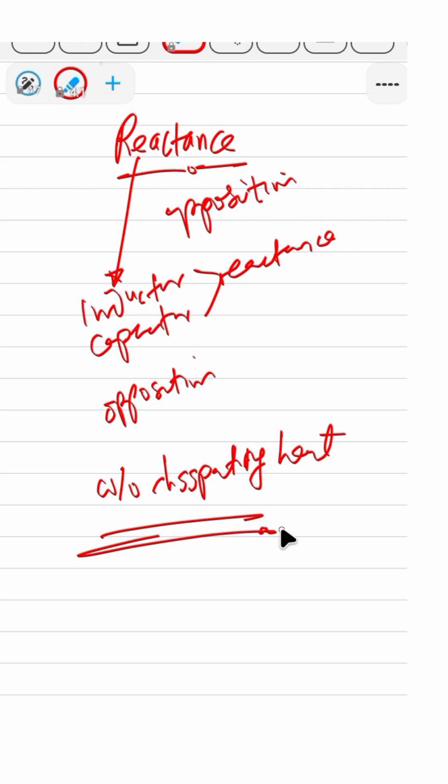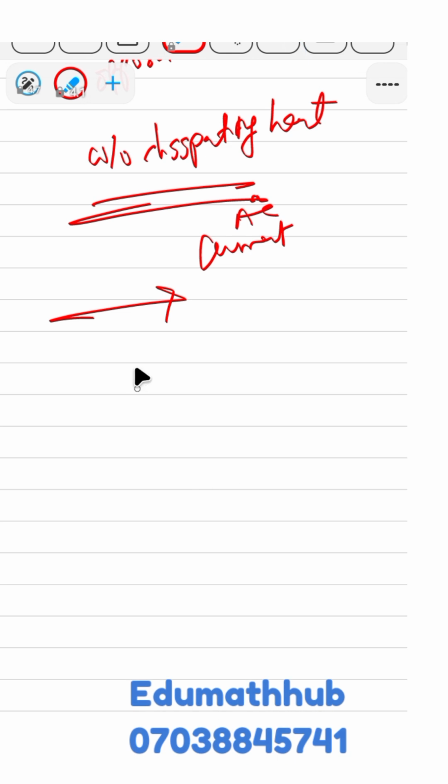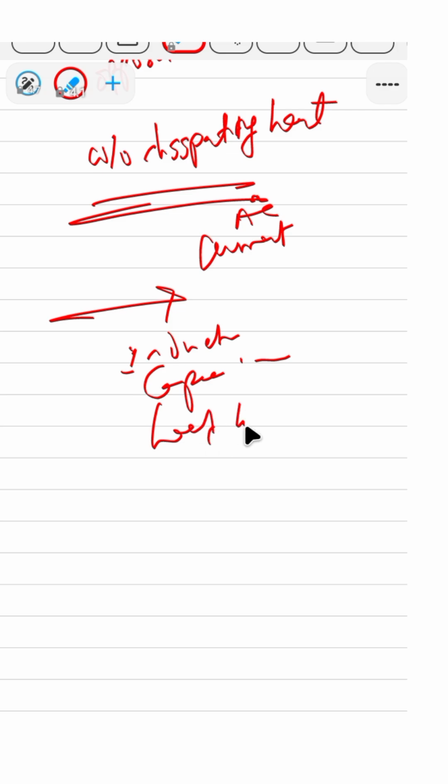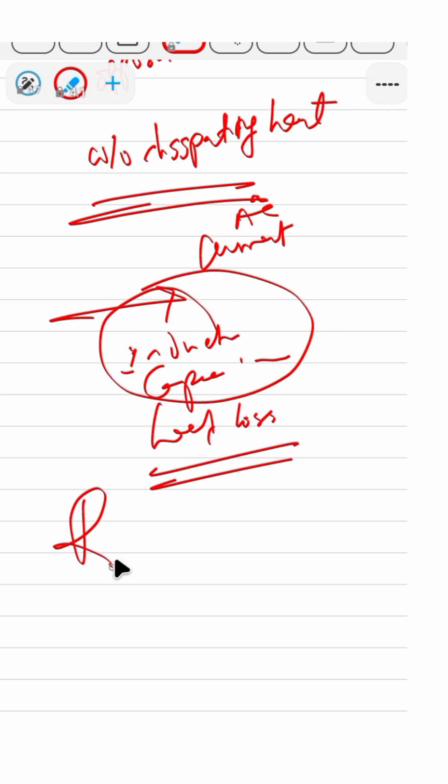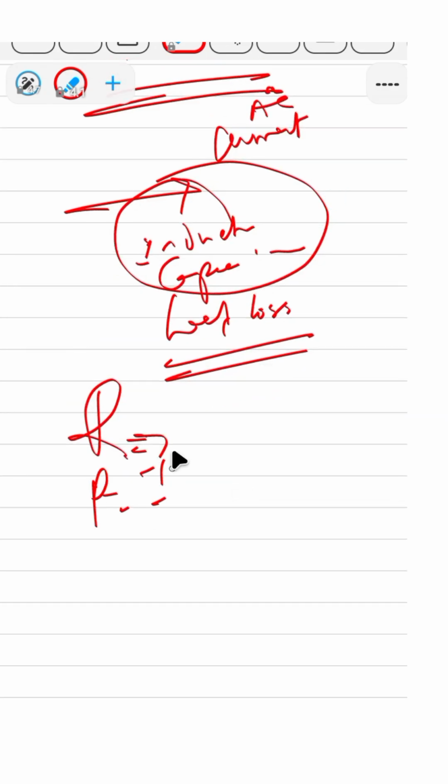That is why inductor and capacitor don't dissipate heat. Nothing like heat loss or heat dissipation. When you're talking about capacitor and inductor, it's only the resistor that has power dissipation. That is why power is I squared R. You can see it's R that is there, the resistor.